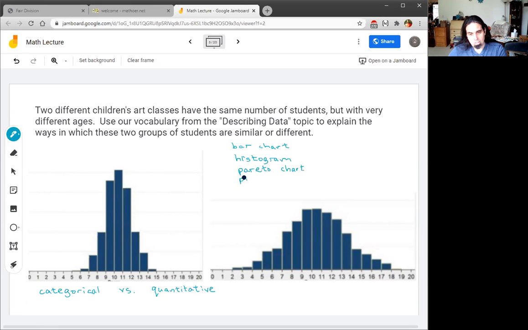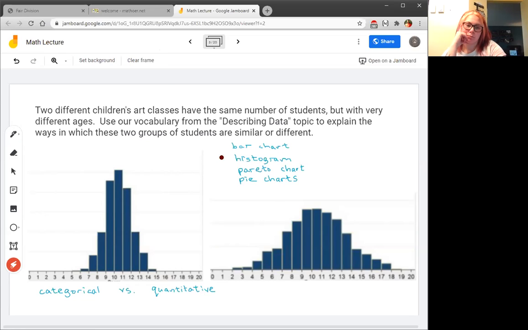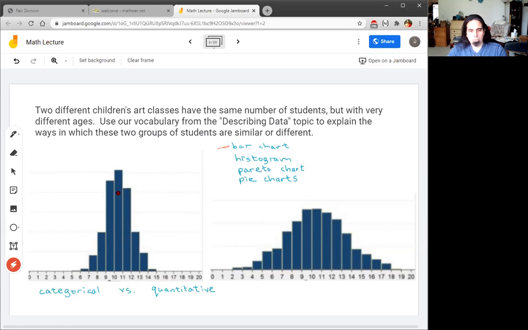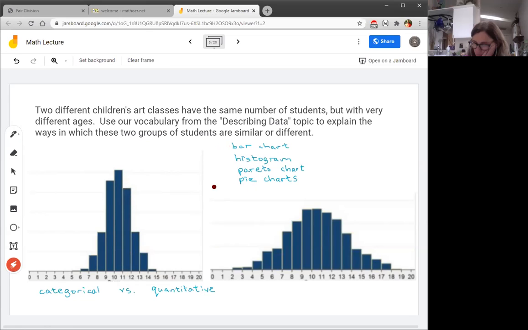Pie charts. Which one or more of those are we looking at? Histogram. It is a histogram. But also the Pareto. It's a bar chart because we have bars. It's not a Pareto chart because, oh, that's right, they go from tall to short.